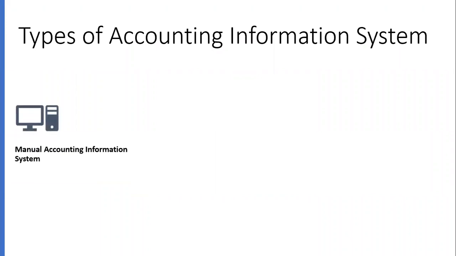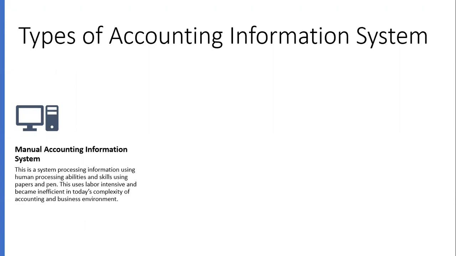The first and the common one is the manual accounting information system, which is common to small businesses since they have fewer transactions than large businesses. This is a system processing information using human processing abilities, by manpower and skills using papers and pen.